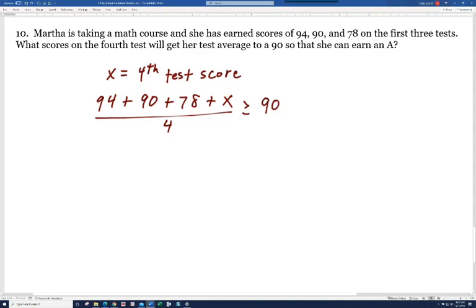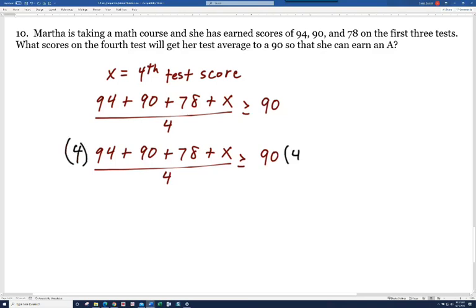First of all, I would hope that you want to get rid of the fraction. We want to clear fractions first. And so we'll multiply each side by 4. Since there is only one denominator, and it is 4, our 4's cancel on the left, and we're left with 94 plus 90 plus 78 plus x is greater or equal to 360. Oops, I forgot my greater or equal symbol there.